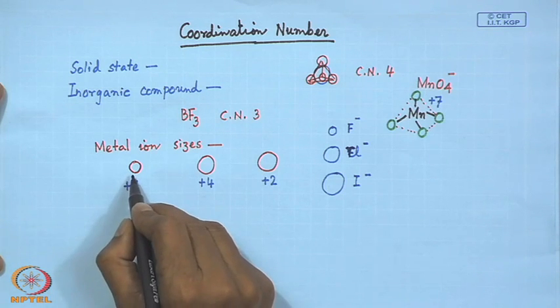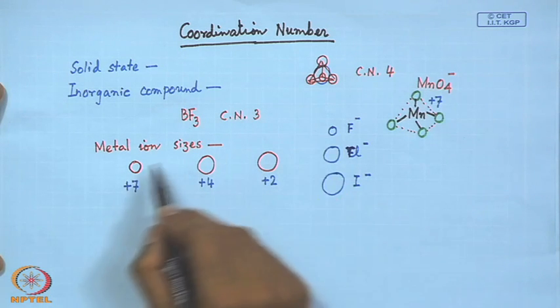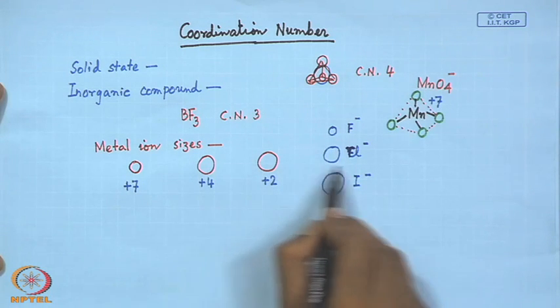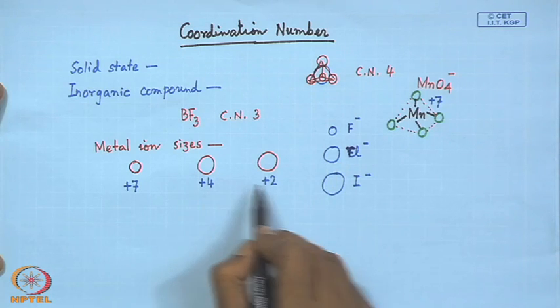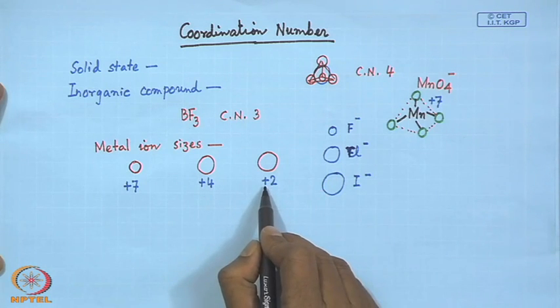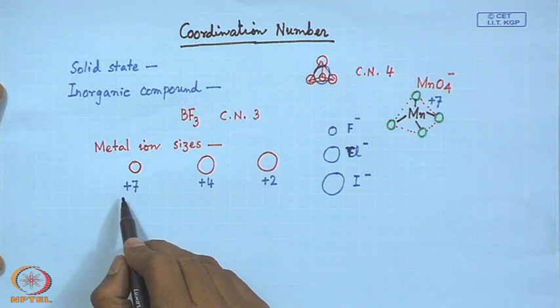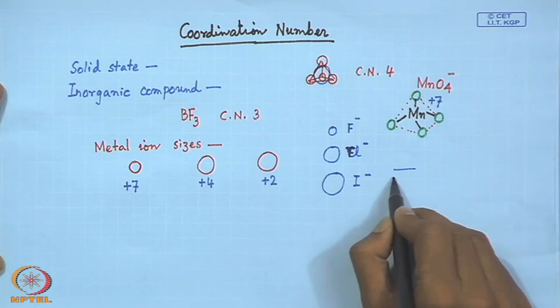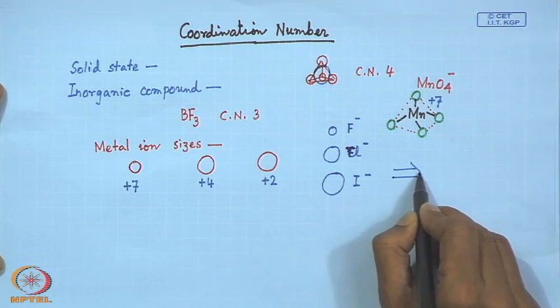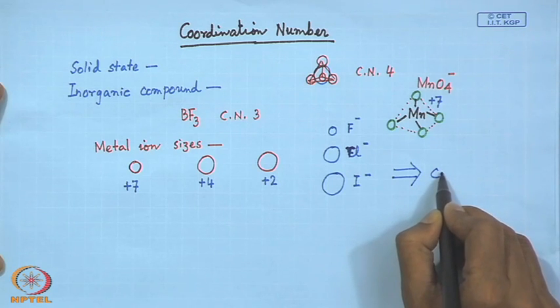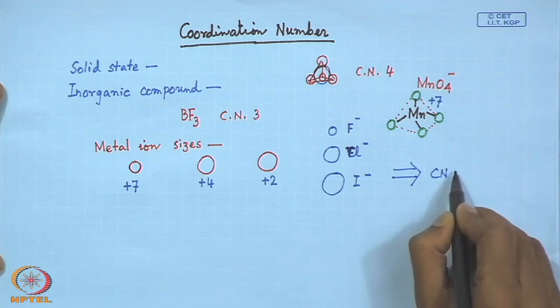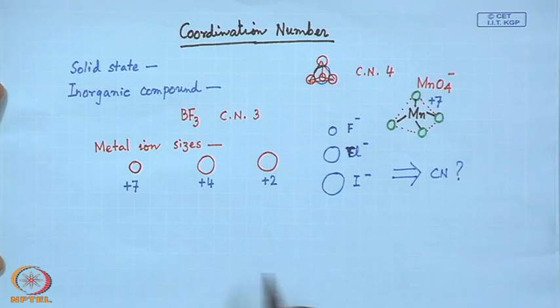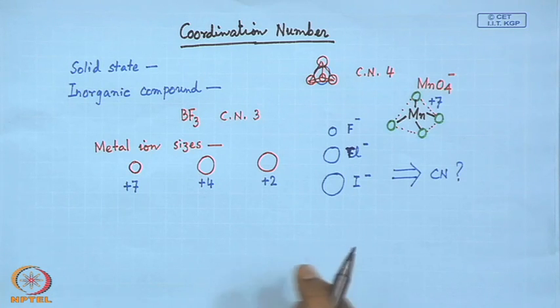So, how many of these size parities can take place around a corresponding oxidation state of the metal ion as +2, +4 or +6 will basically dictate what will be the resultant coordination number of this particular combination.